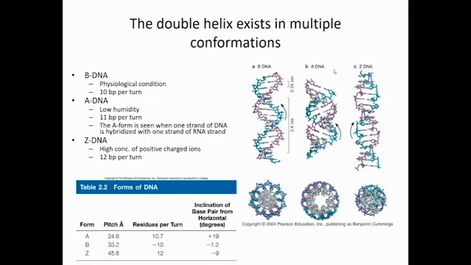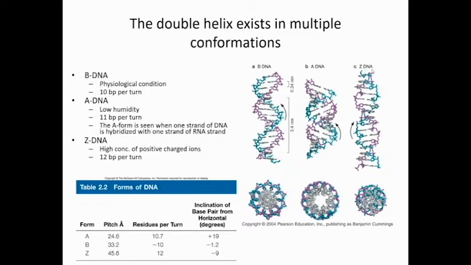And then another right-handed DNA is A-DNA. A-DNA is also right-handed, and only exists in low humidity conditions. Normally in the cell, more than 90% is B-DNA and less than 10% is A-DNA. And another one is called Z-DNA.